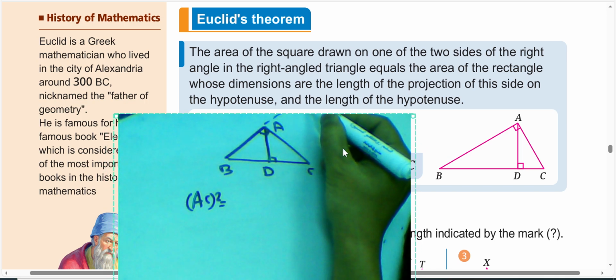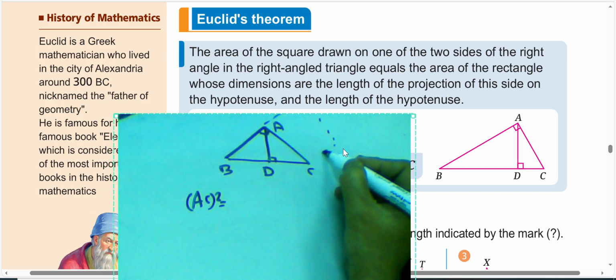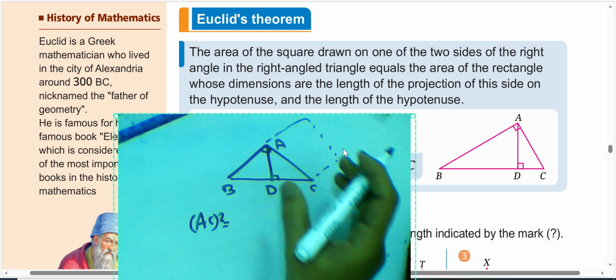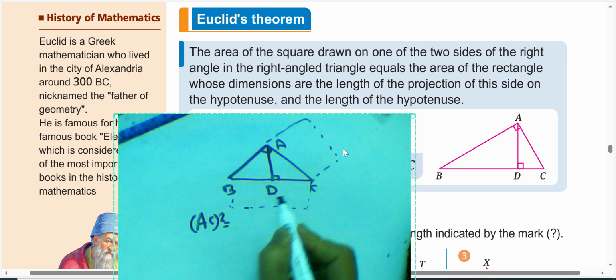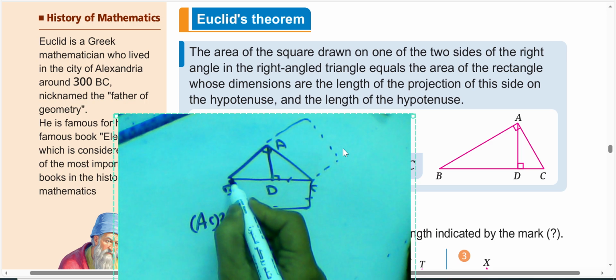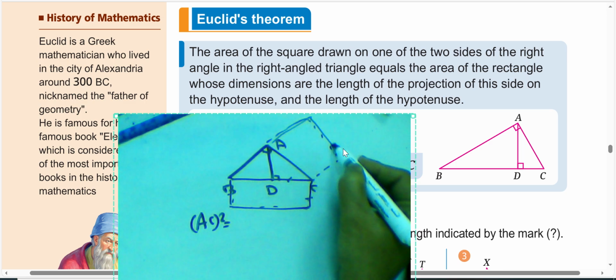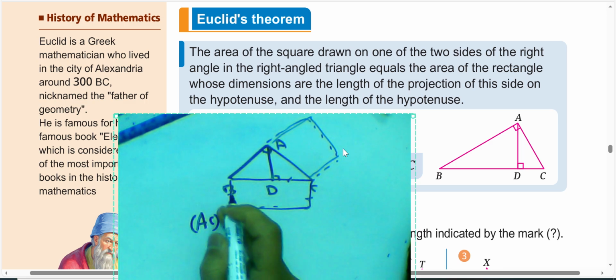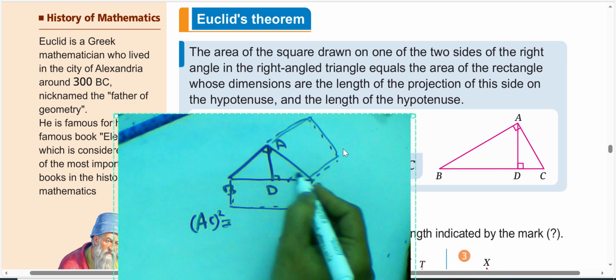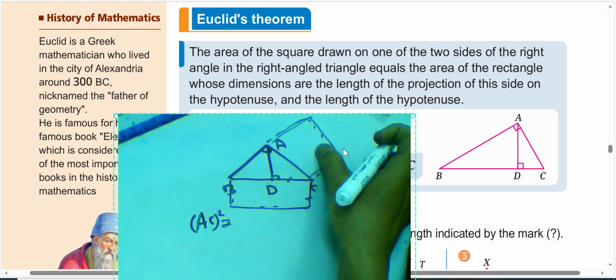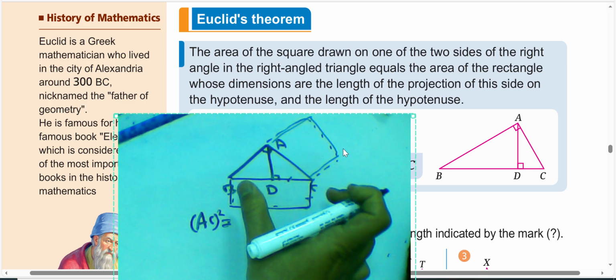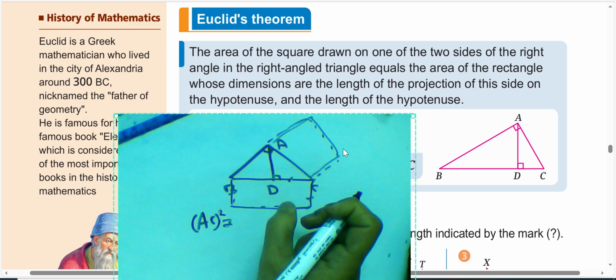If we draw here a square, and here draw a rectangle like this, the area of the square will be side times itself, AC power 2, equals the area of the rectangle. The area of the square equals the area of the rectangle, and the area of the rectangle equals length times the width.